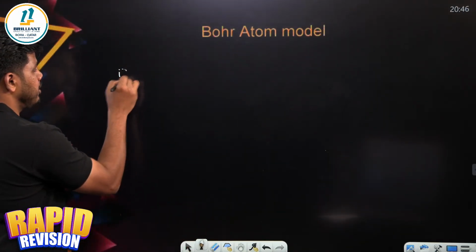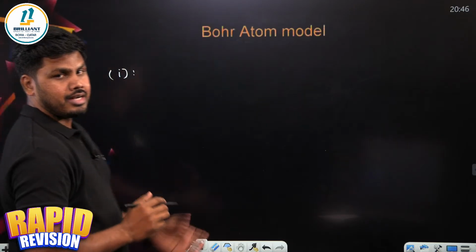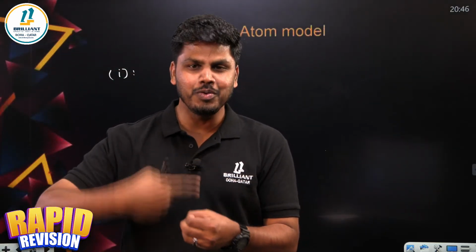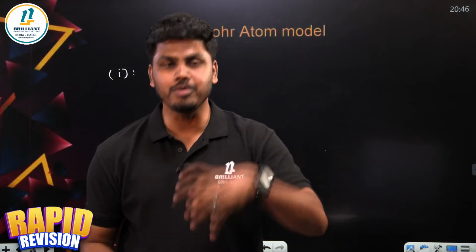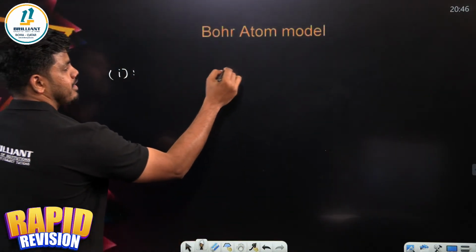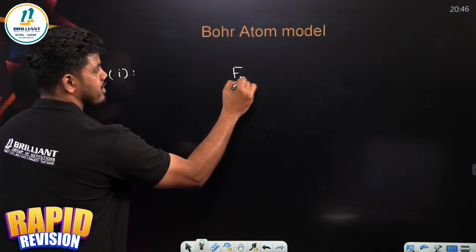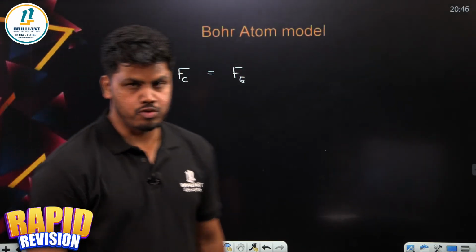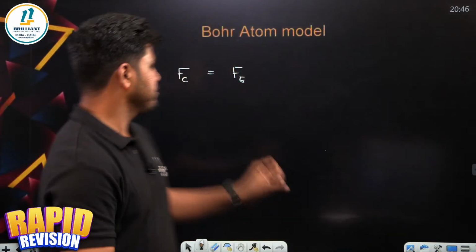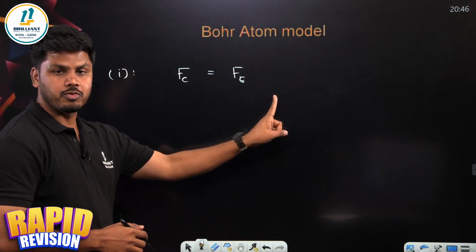First postulate: Bohr says that electrons are revolving around the nucleus in non-radiating orbits, using electrostatic force as the necessary centripetal force. For every circular motion, a body should possess some centripetal force, right? That centripetal force is provided by which force?